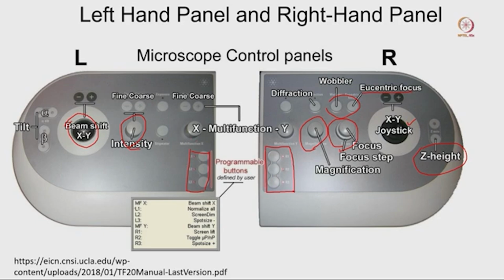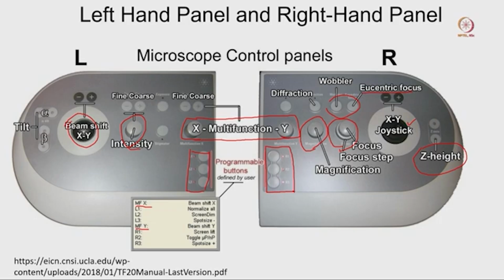Then I told you that multifunction X and Y is another point you can see. This multifunction X and Y is a very important tool in our microscope, because it is connected with all the lens systems, whenever required, the condenser lens or objective lens.